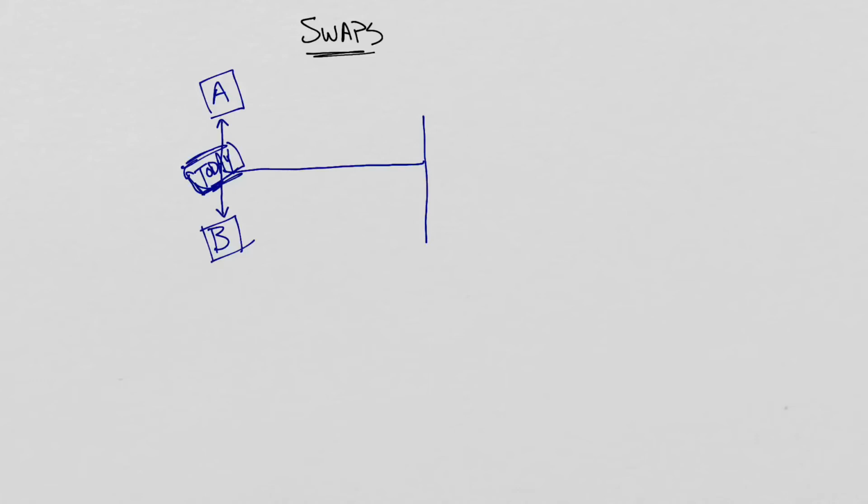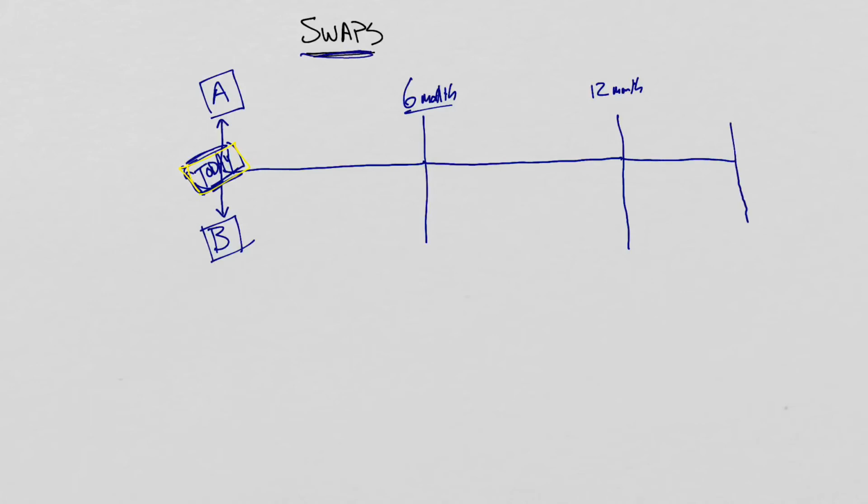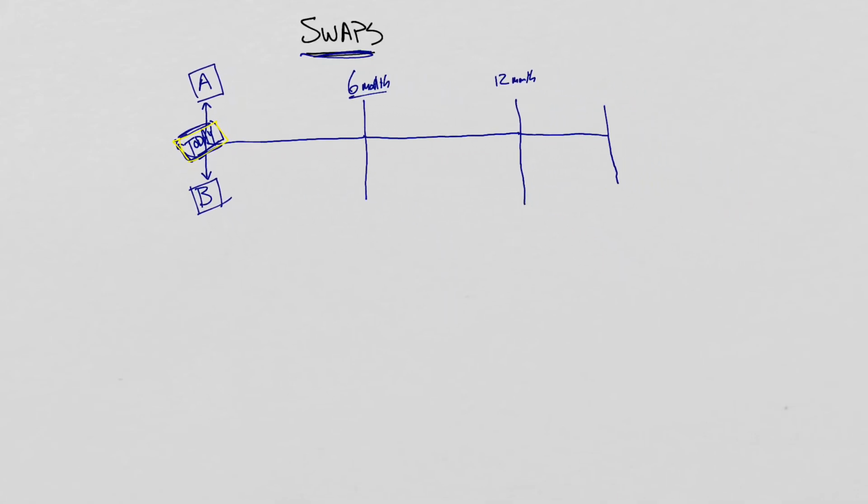The difference is that they're not just making an agreement about trading 6 months from now, but today they're also making an agreement about how much to trade and at what price 12 months from now, and so on and so forth, for whatever terms of the swap. The swap is very customizable. So you may have 12 months, you may have 24-month agreements. It can really be anything.